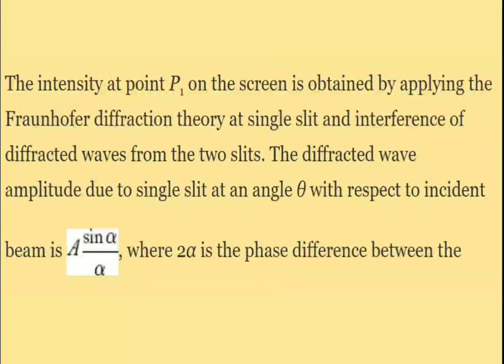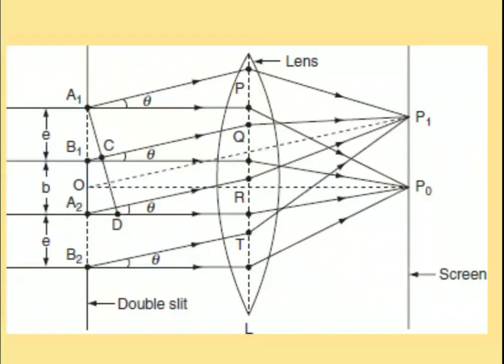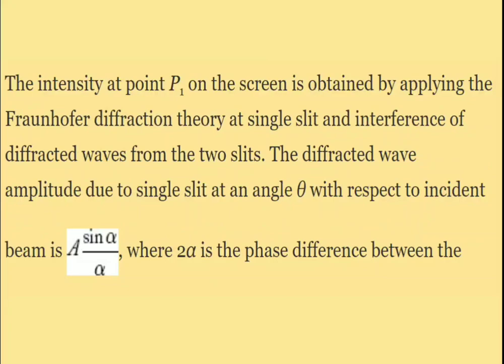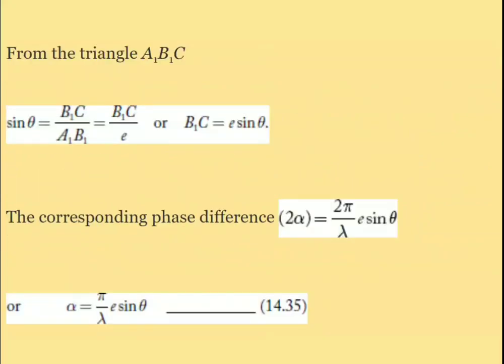Once again we discuss it in the diagram. This is the triangle A1 B1 C. By using this triangle we find out the path difference between these two waves. For this purpose we draw a perpendicular from A1 to C. From this diagram, the sin theta formula is opposite side by hypotenuse.